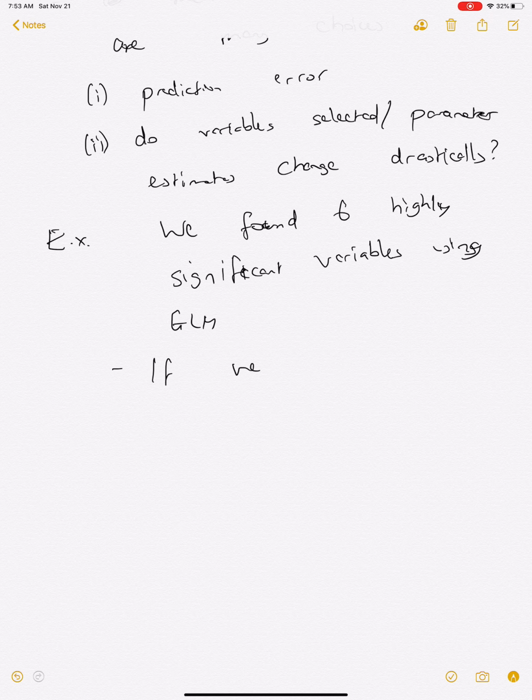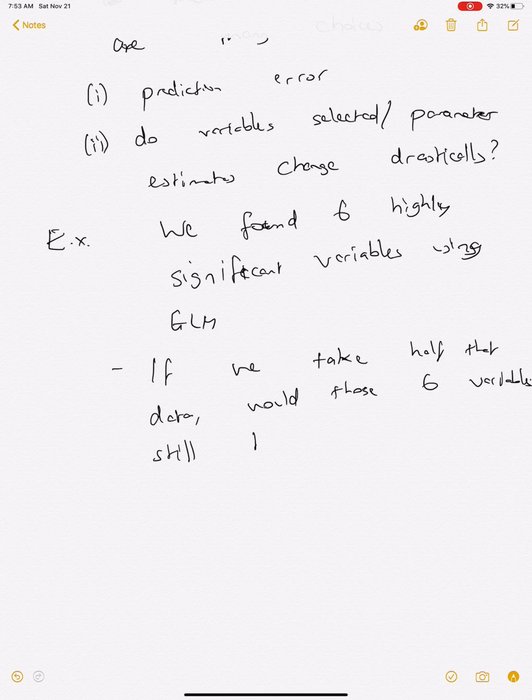If we take half that data, would those 6 variables still be significant? That ties back to interpretation.